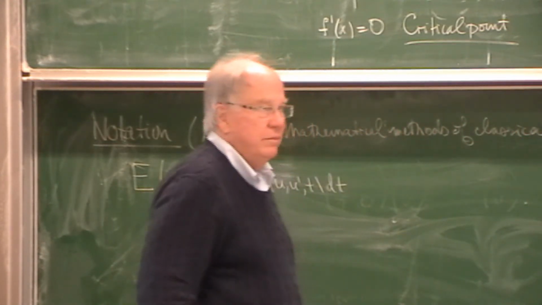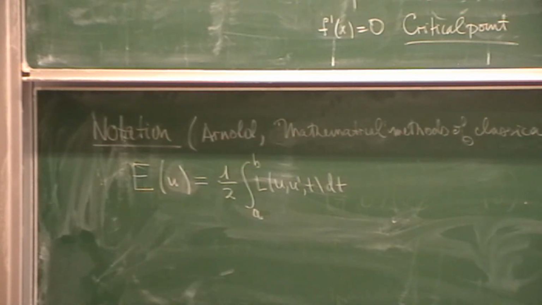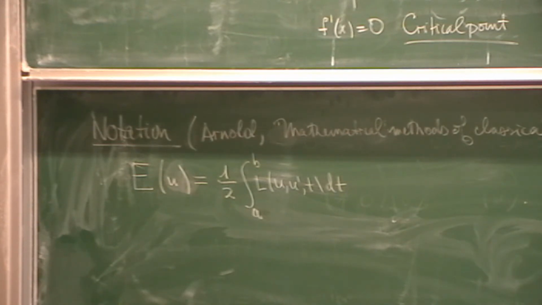So if we choose the parameterization by arc length, then the energy should be the integral from a to b of 1 dt, and that is b minus a, over 2, right? So I don't care about the half. If I minimize half of something, it's the same as minimizing something.